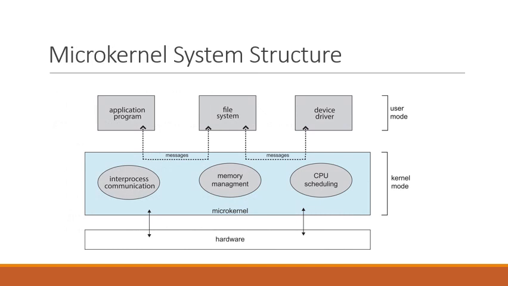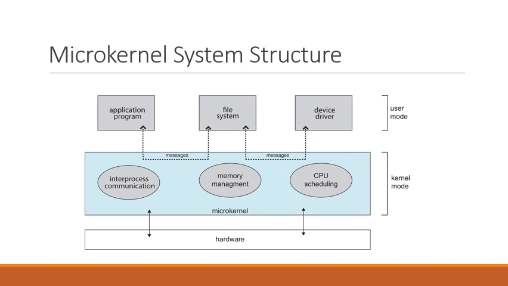This figure presents the structure of the microkernel system. Kernel contains only the essential components such as CPU scheduling, memory management, and inter-process communication, whereas the rest of the operating system services have been implemented in the user mode, like device drivers and file systems.